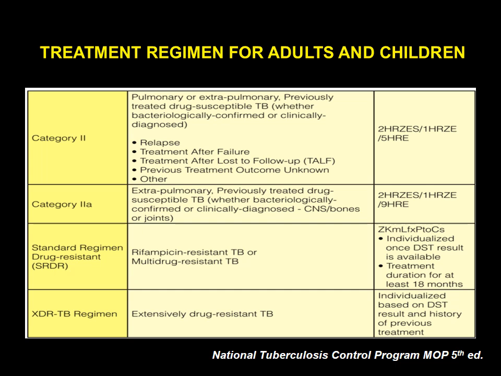For XDR-TB or extensively drug-resistant TB, in addition to isoniazid and rifampicin resistance, these patients are also resistant to fluoroquinolone and to at least one of the second-line IV drugs, like kanamycin, amikacin, and treatment of these categories are based on drug sensitivity test and previous treatment.